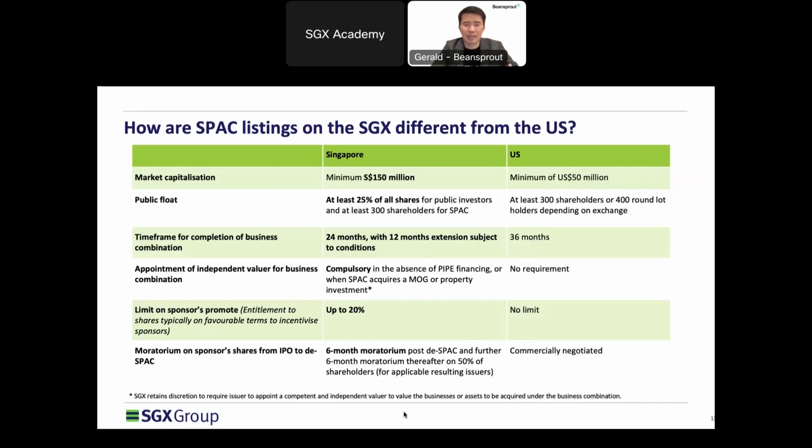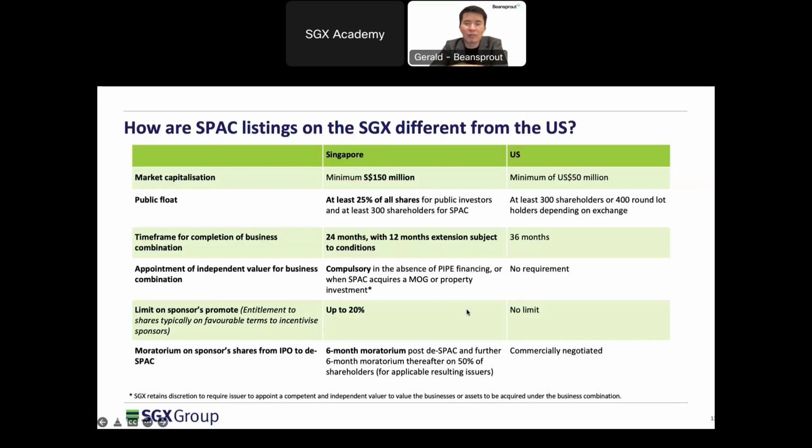So what this means is that after the de-SPAC actually happens, the sponsor cannot sell their shares within 6 months, and that effectively makes their interest more aligned with us as investors, because it will be in their interest for the target company to do well, since they can't sell some of their shares post the de-SPAC.